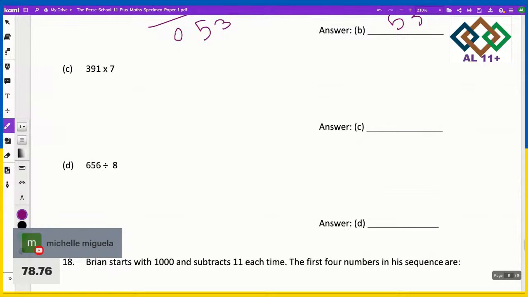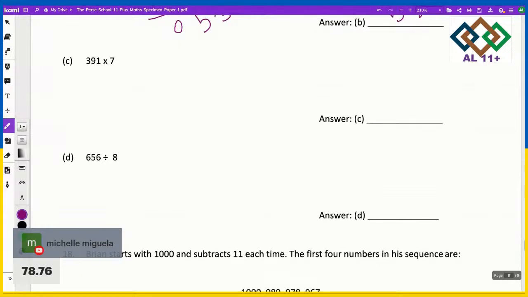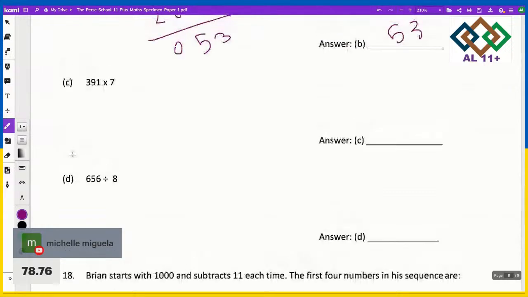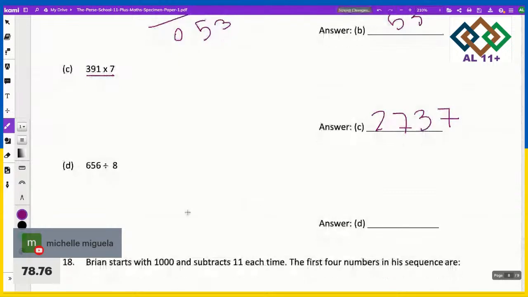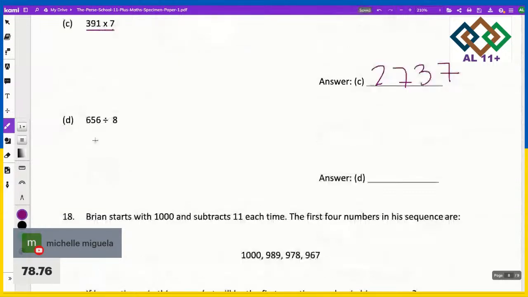So next, you're multiplying 391 multiplied by 7. You need to know your tables really well to do this. So here you go, that would be your answer. And the next one is 656 divided by 8, and your answer would be 82.